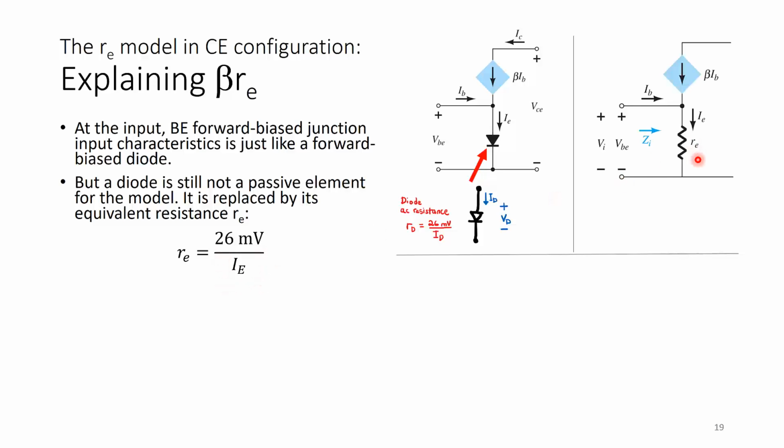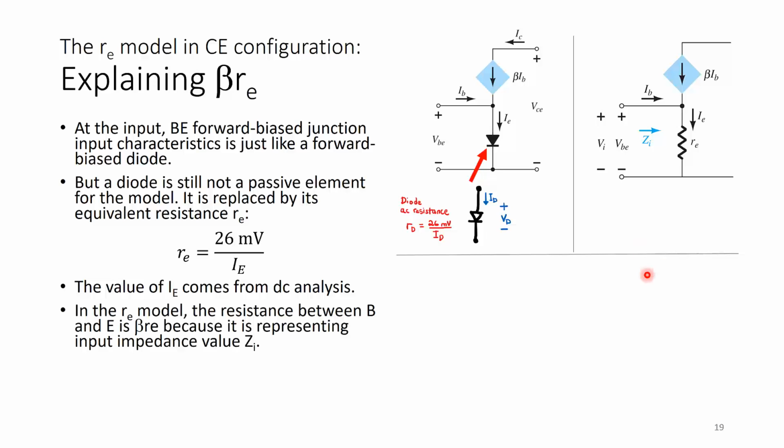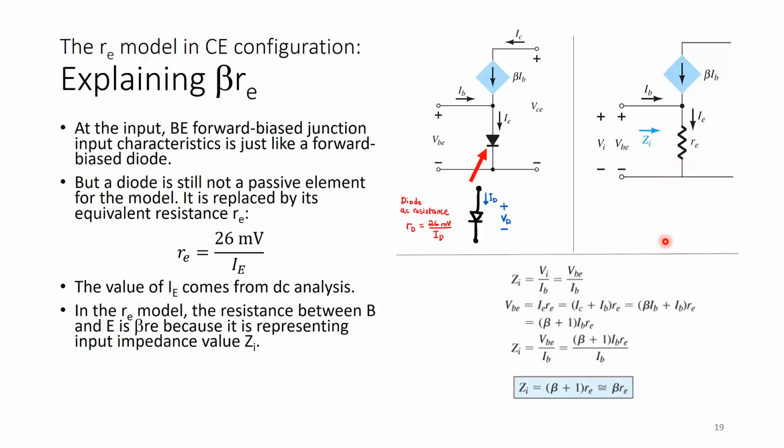Okay, but when we put it into this circuit here, it's still REIE, and the value of IE comes from DC analysis. In the RE model, the resistance between base and emitter that we showed earlier was beta RE and not just RE, because that is representing the input impedance value Zin in this case.